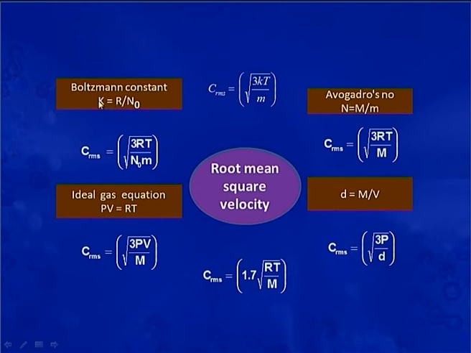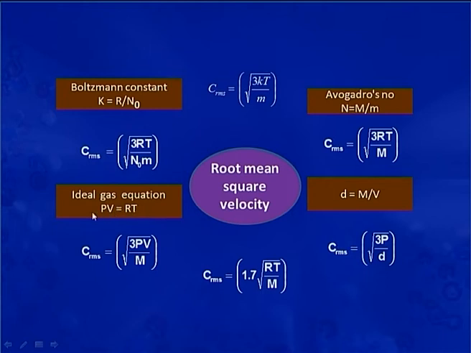So, in that term CRMS can be written as √(3RT/(N·m)). Avogadro's number is equal to M by molecular weight, so CRMS is now √(3RT/M). As we know, the ideal gas equation is PV equals RT.